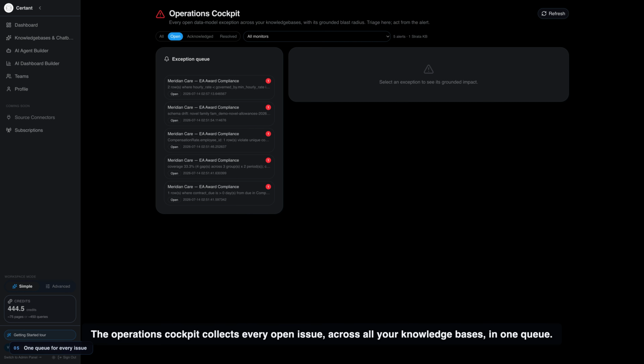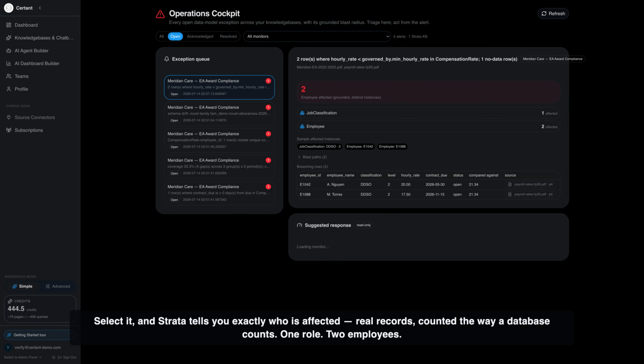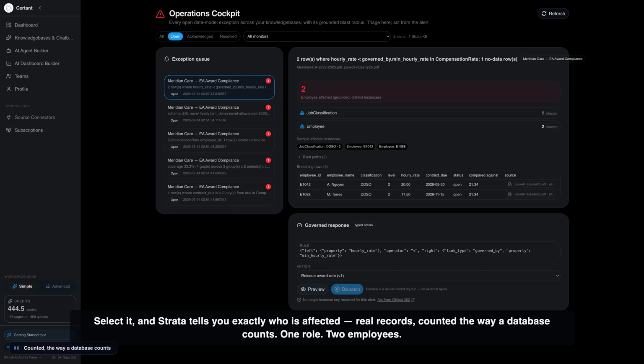The operations cockpit collects every open issue across all your knowledge bases in one queue. Overdue reviews, missing data, data quality problems, and our pay floor alert. Select it, and Strata tells you exactly who is affected with real records, counted the way a database counts. 1 role, 2 employees.